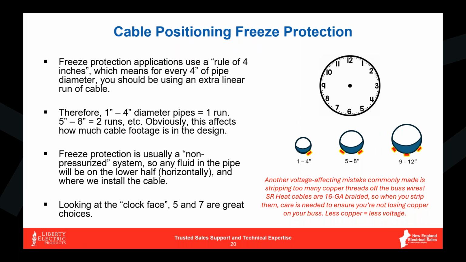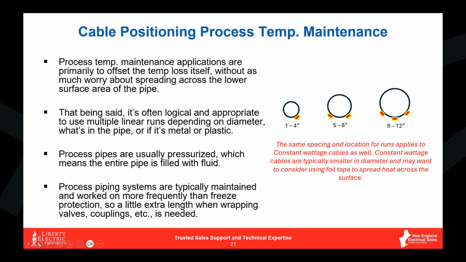We talked already about the fact that the bus wires are 16 gauge braided. If you start peeling away some of the jacketing of this cable and you're starting to see a bunch of copper filings falling down around your feet, I'd tell you to cut that thing an inch back and start over again, because every one of those copper braids is carrying the necessary current that your heat cable is going to need to give you the proper wattage output on the other side of that termination. We may touch on that a little bit later too.